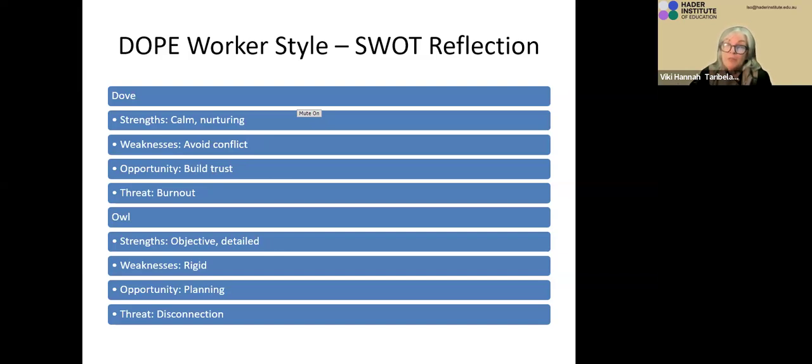The owl, their strengths are they're very objective and very detail orientated. Their weaknesses, that they may be rigid. It's quite fixed, like, oh, I can't pivot. I can't move. No, I've got it clear in my mind, and I've built the knowledge around that. Now you're asking me to throw that out and pick something up.